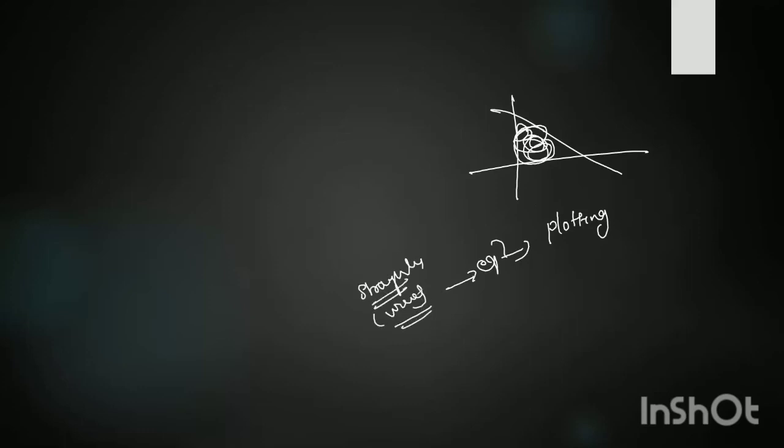So the prerequisite is that you need to understand all the straight lines and all the curves. Once you understand, you will easily understand the equation, then how to plot. Once you know how to plot, you can find the limits. This is the procedure: equation, plotting, then limits.